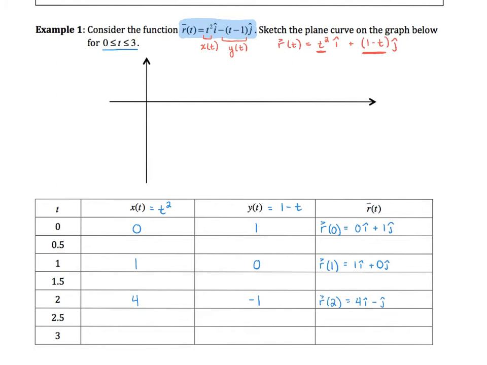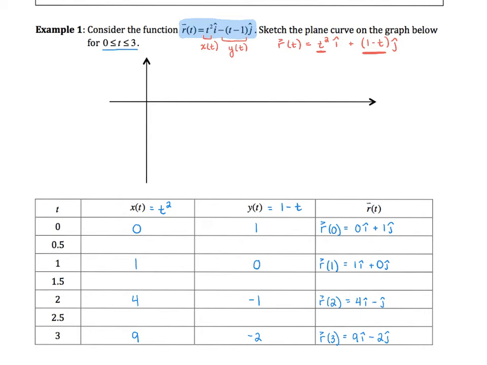And last but not least, when t is 3, x is 9, y is negative 2. Therefore, our vector valued function, when t equals 3, is the vector 9 i hat minus 2 j hat. And that's fantastic. But what do we do with these points? Well, we draw the vectors.